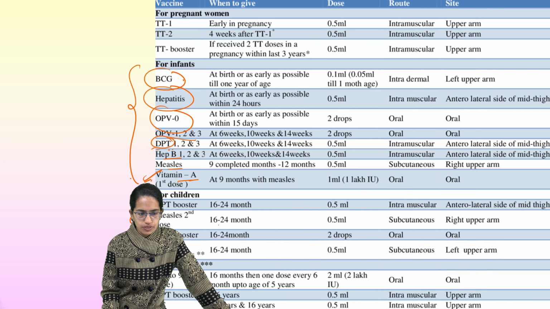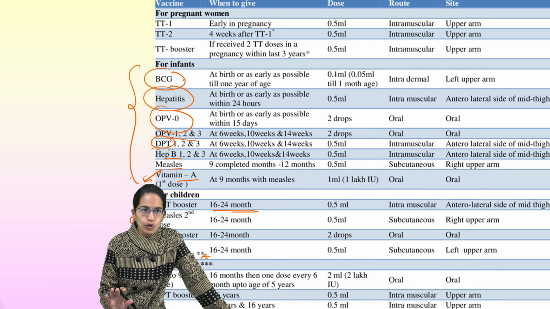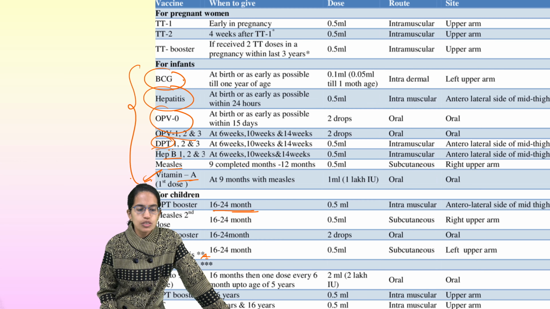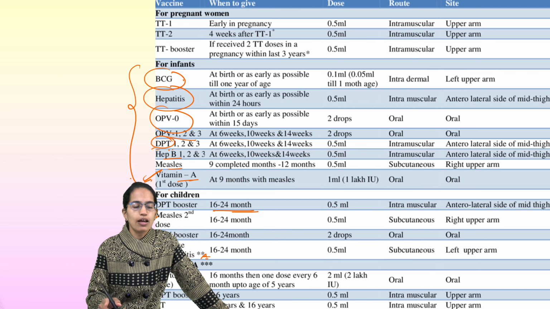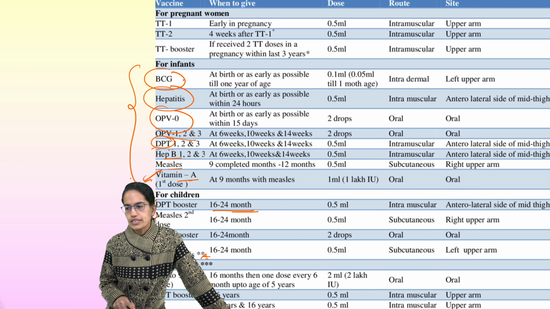Then for children, from 16 to 24 months, it is the booster for DPT, measles, oral polio, and a vaccine for Japanese encephalitis if required, in an area which is endemic or prone to Kala Azar. In those areas we have Japanese encephalitis vaccine given. The next is the vitamin A dose and DPT booster doses at later years as and when required. So there are various other formulations which are given.